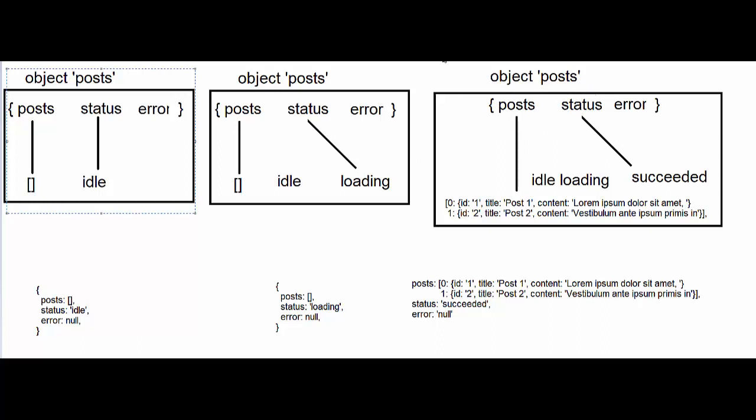After the fulfilled type of action, sent by the fetch post action creator, the Thunk function, fetch post, we have status changed to succeeded, but the loading value stays untouched, stays free, not mutated, not changed, but status points to another place in memory, to the string value succeeded.